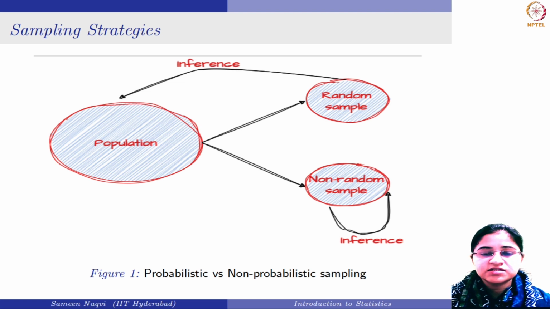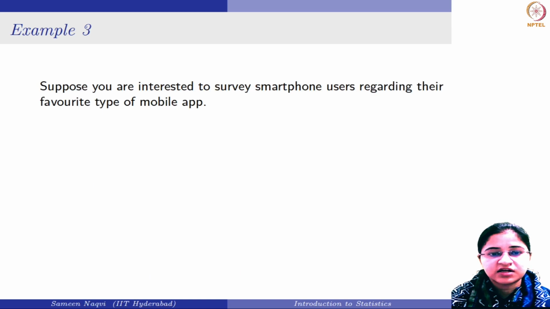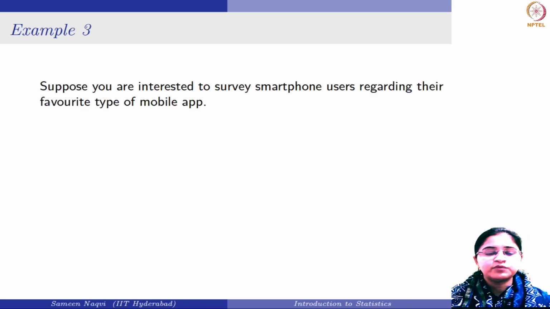To understand these different sampling techniques, let us consider an example in which you want to survey smartphone users regarding their favorite type of mobile app, which can be a gaming app, a social media app or a chatting app. So based upon this, you want to get the data.